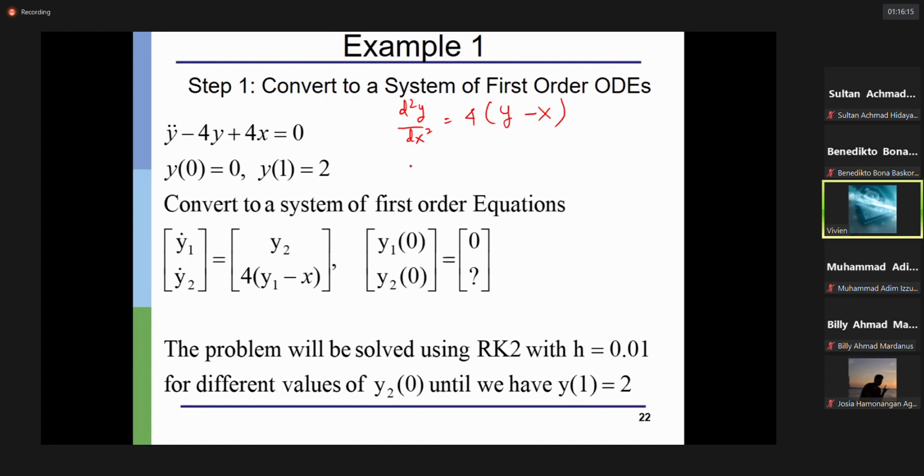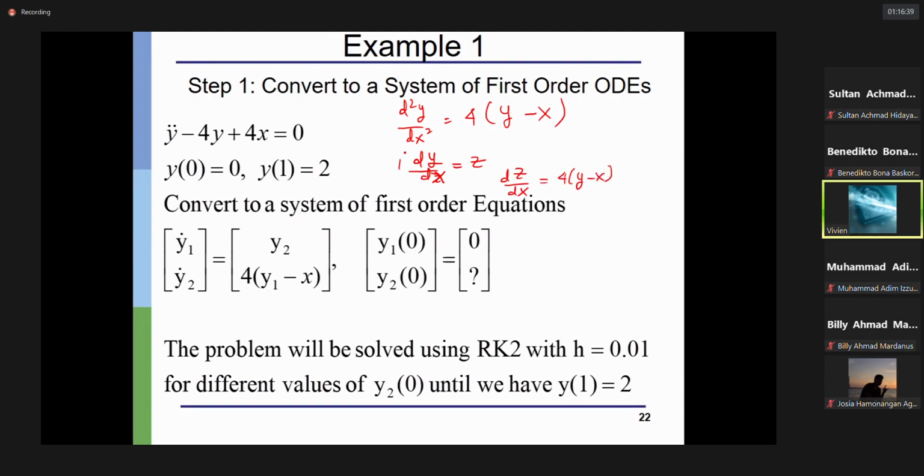So we have dy over dx, for example, that will be z. The second equation will be dz over dx, that will be equal to 4y minus x.